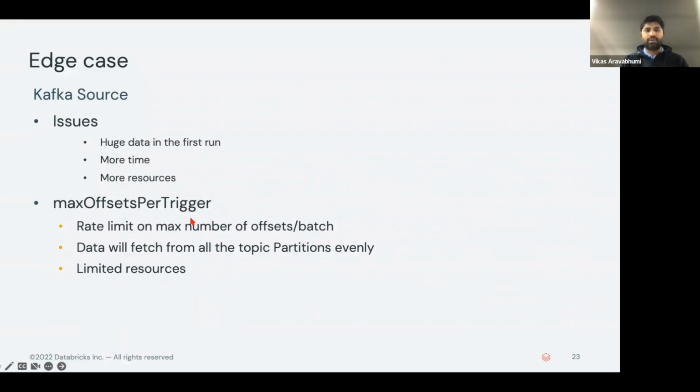Now, let's say my streaming application is processing for the first time, or it has been processing over a period of time. Now I want to change the load, either increasing the max offsets or decreasing the number. It can be anything.